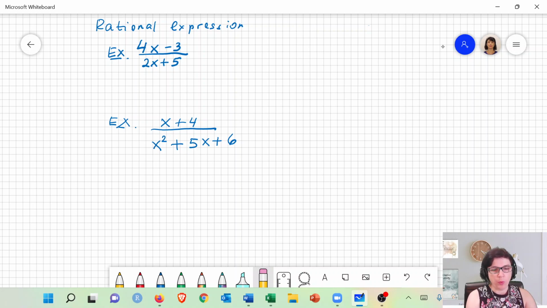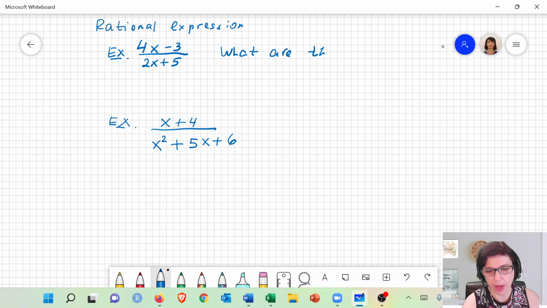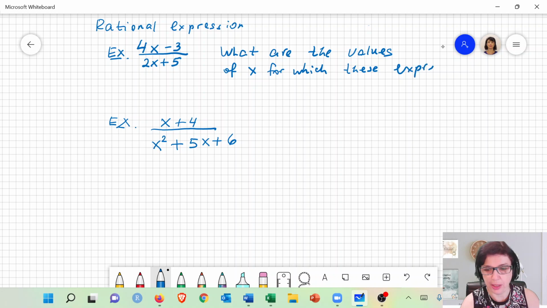So in these questions, you're going to be asked, what are the values of x for which these expressions, such as in example 1, example 2, are undefined? Basically, all you need to know is when is the bottom equal to 0.